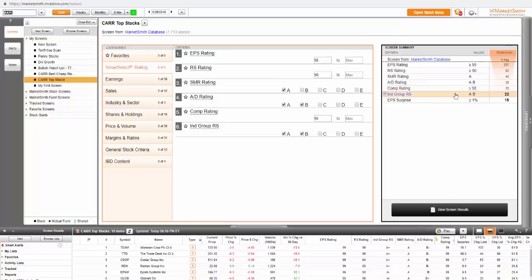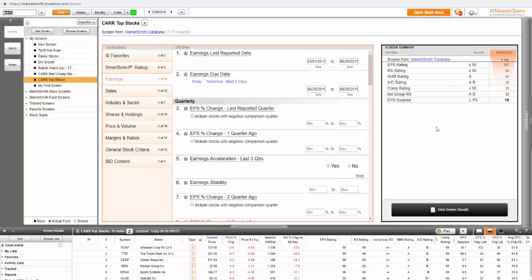I want the group relative strength that this company is in to be in the top 25% of all groups by relative strength. And I've added this one here, which is something I learned from Zacks Investment Advisory. I'm also a partner with Zacks, and I've studied the work of Len Zacks, who's the founder, who wrote his PhD at MIT on this very thing.